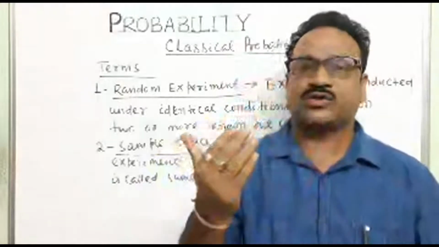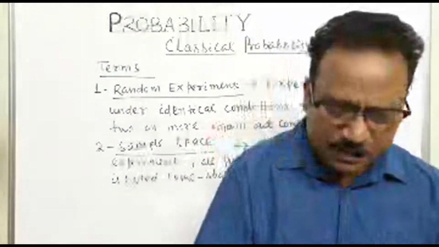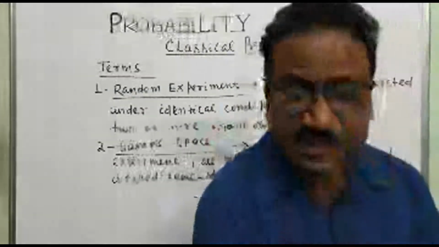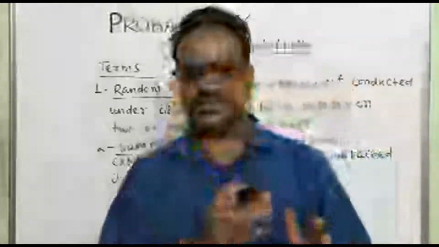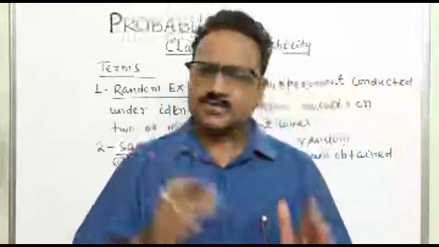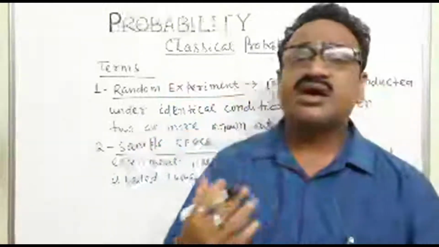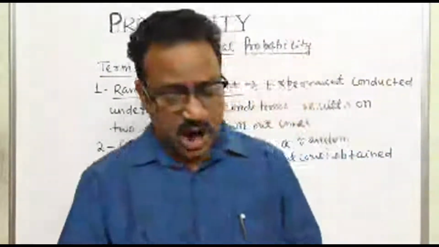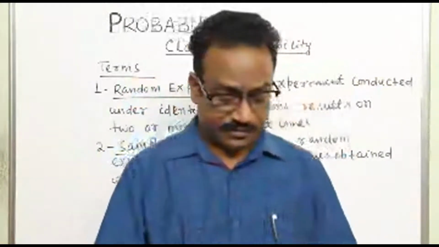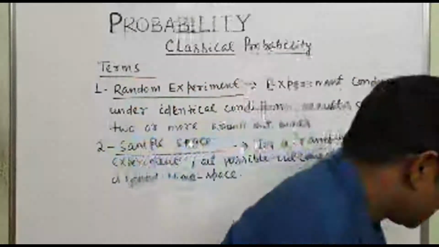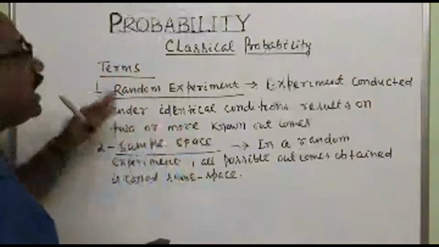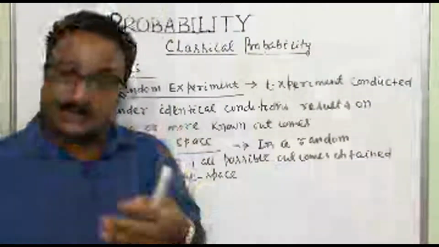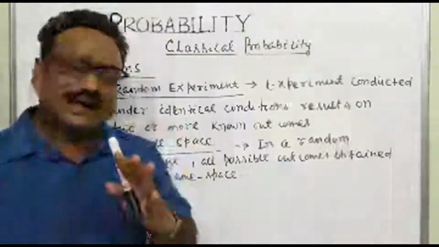So how to find the sample space? First of all, remember, sample space means the total outcomes. In probability we have to perform one experiment, or we can say event.